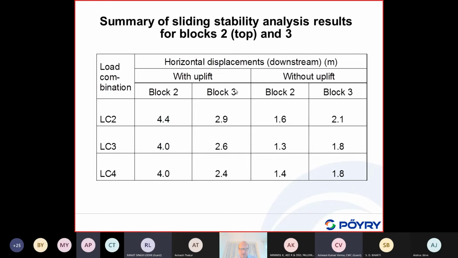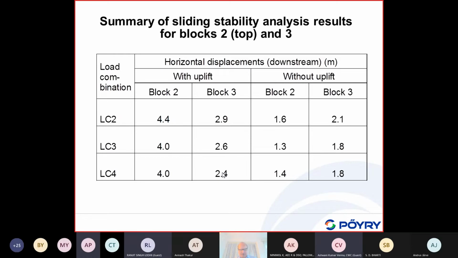But if we look now with uplift, with a triangular uplift, which is a conservative assumption, in block 3 we get an increase from 2.1 to 2.9, about 40% increase.